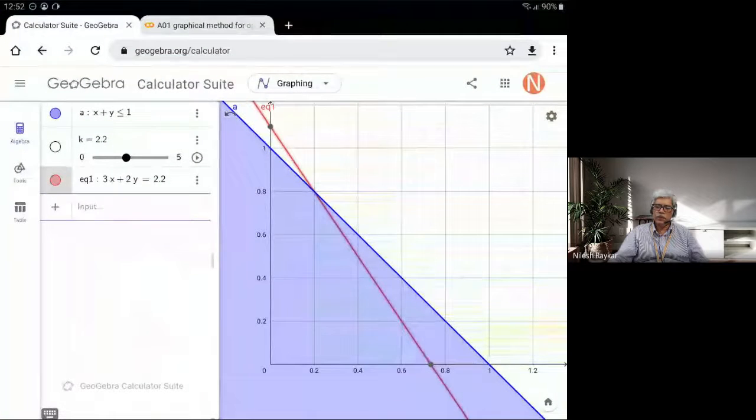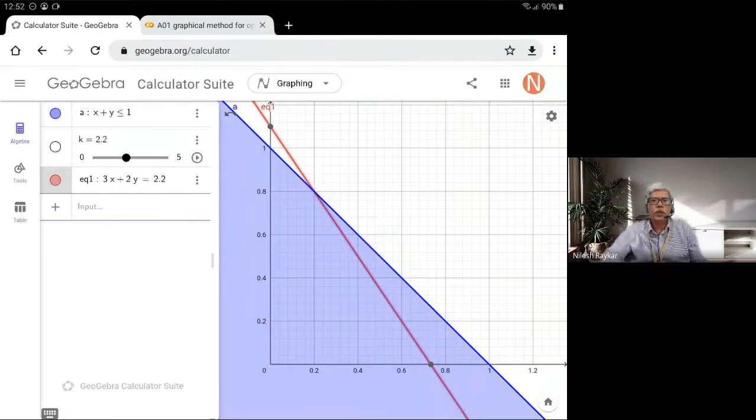If you go to geogebra.org/calculator, you will get this software. It will allow us to plot our constraint equations and solve this problem, or at least visualize it: the shape of the objective function, our constraint space, and which vertex would be the feasible point.